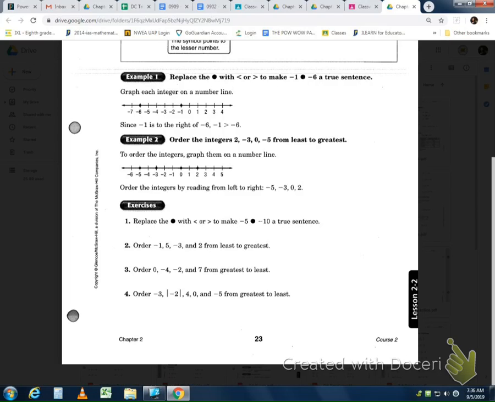So if we look, replace the circle with less than or greater than to make -5 compared to -10 a true sentence.